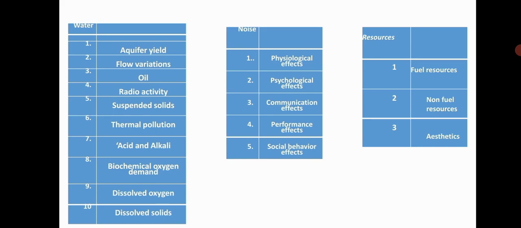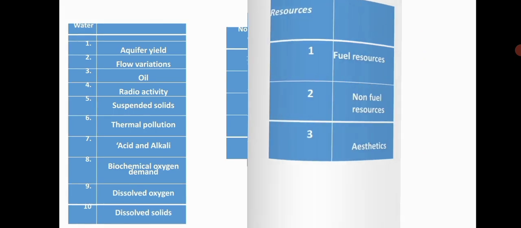Similarly, the psychological effects, performance effects, social behavior effects, and communication effects come under the threats of noise. Resources, fuel resources, non-fuel resources, and aesthetics come under resources. So these are the factors which may impact the whole environment.